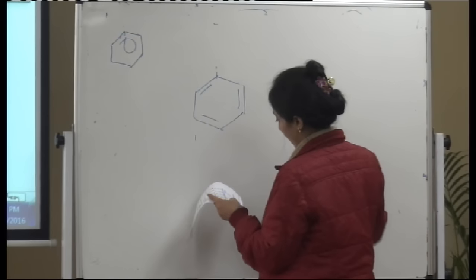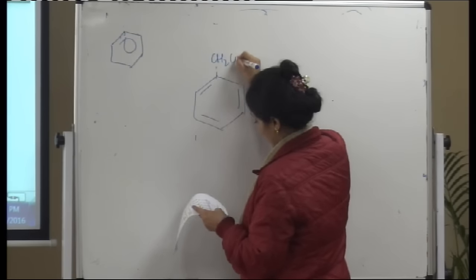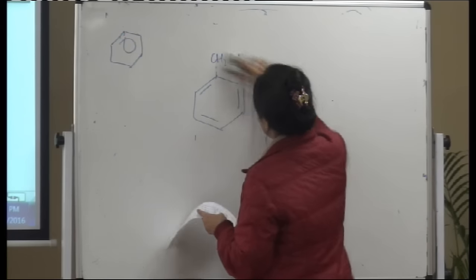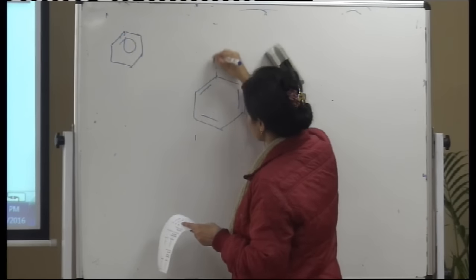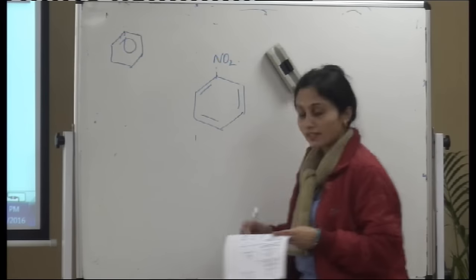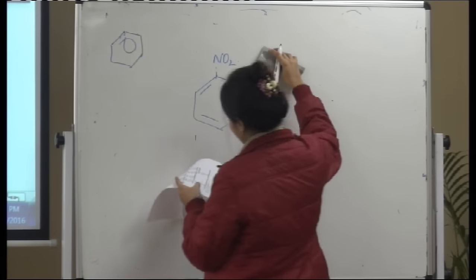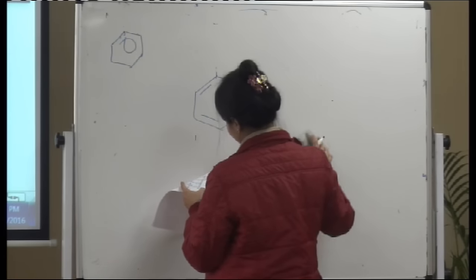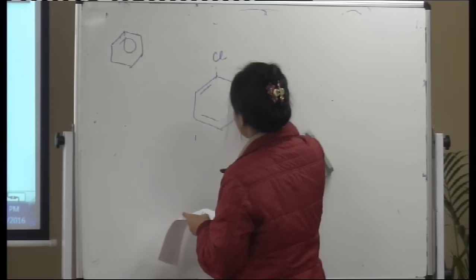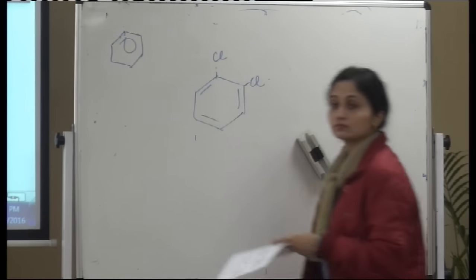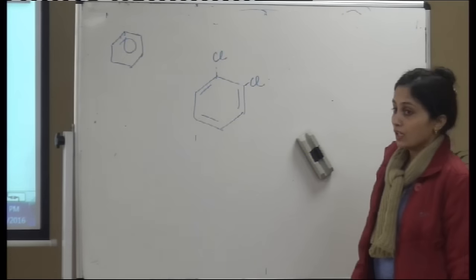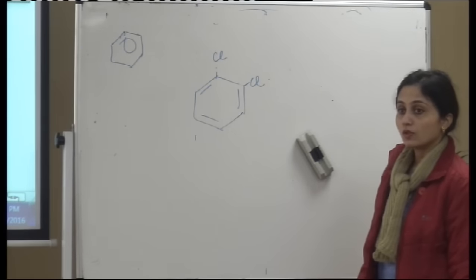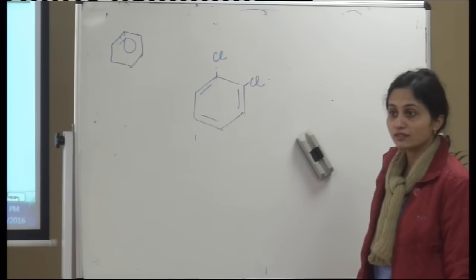All right, next. Then if I put an NO2 here, nitrobenzene. Okay, if I put Cl here, common name first, orthodichlorobenzene.